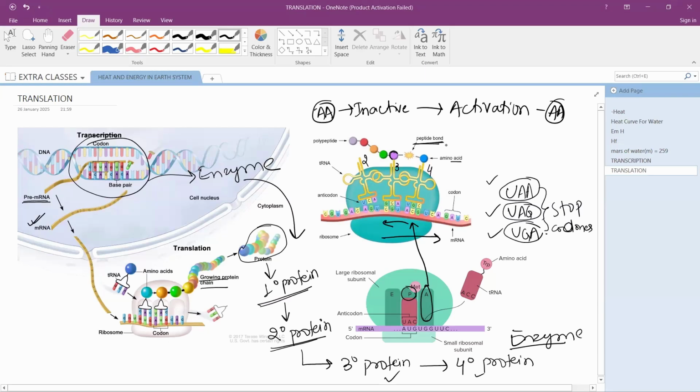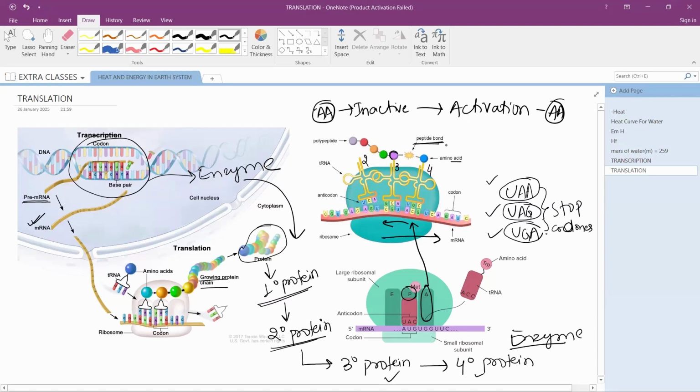Now, the next step is initiation. The ribosome binds to the start codon. What is the start codon? AUG. I have already taught you in a previous session.